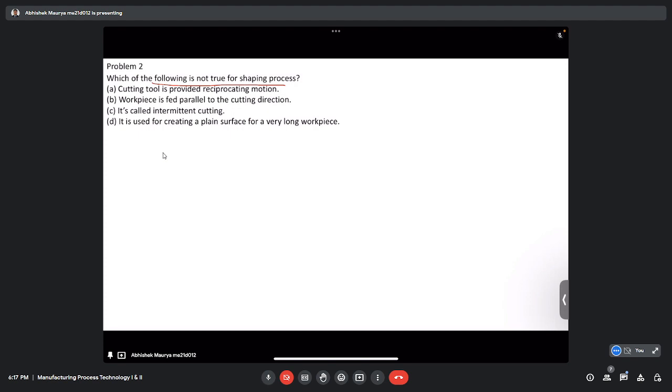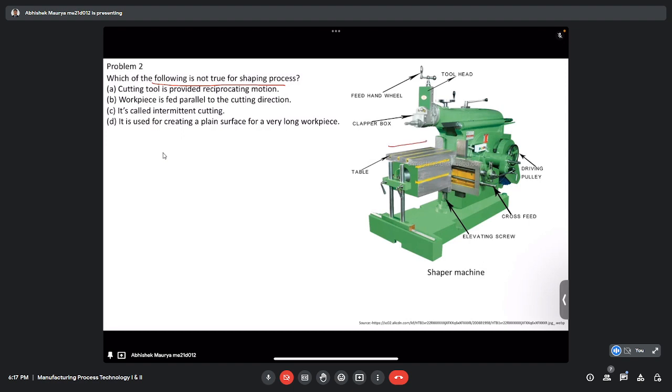Suppose we have some workpiece like this, which is kept over the table. Now the top surface which is here is not flat or it has some roughness, but we want to make it flat.